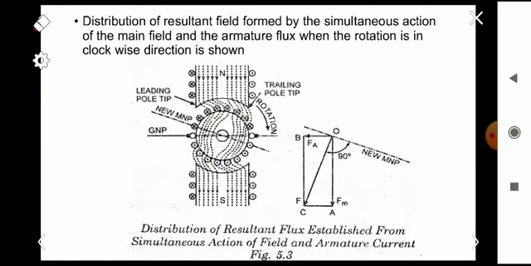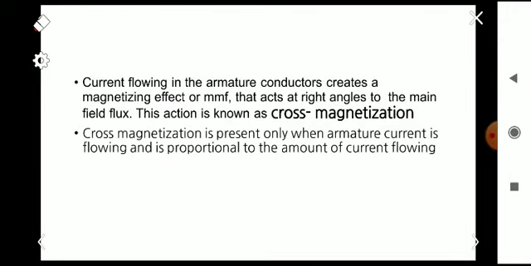Here we can say that the current flowing in the armature conductor creates a magnetizing effect, or MMF, that acts at right angles to the main field flux. The armature flux opposes our main field flux.